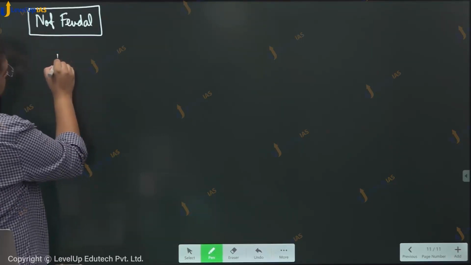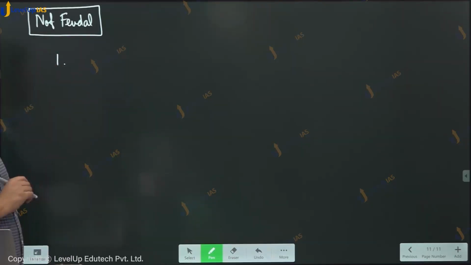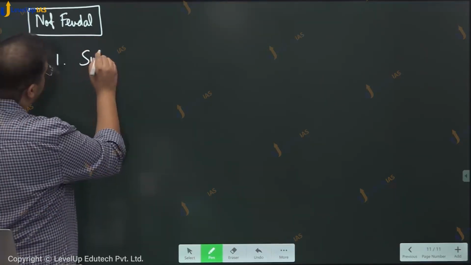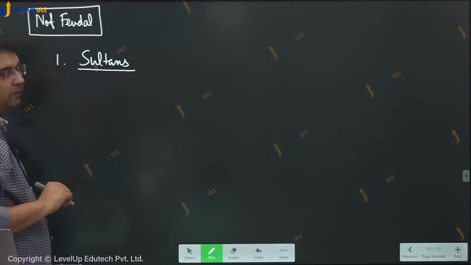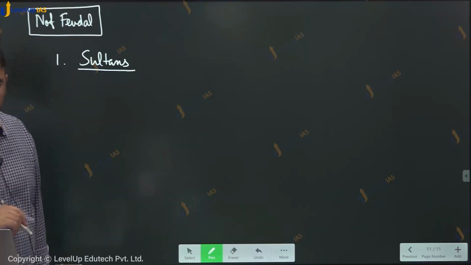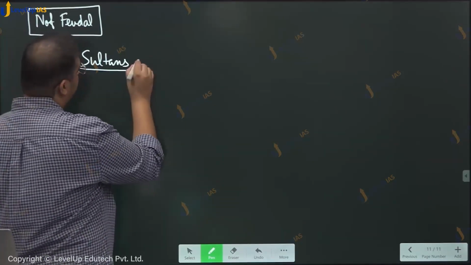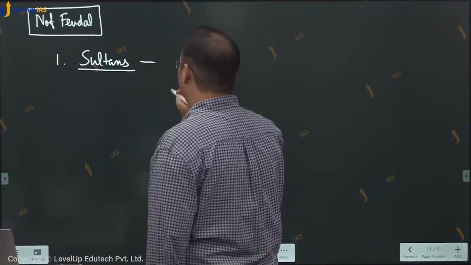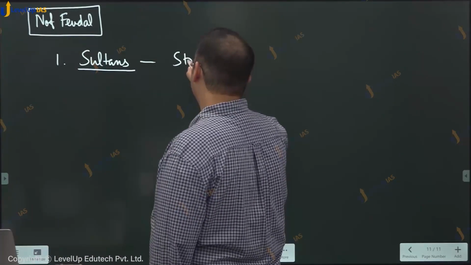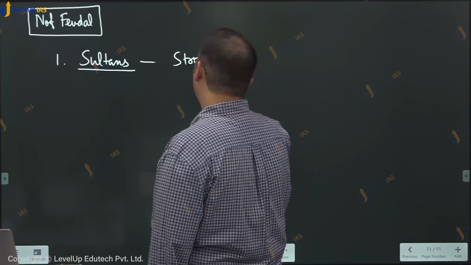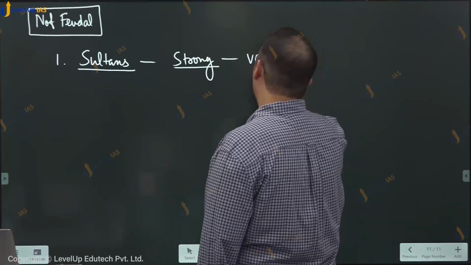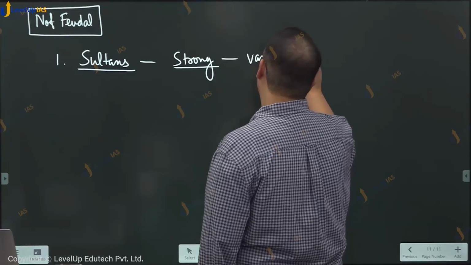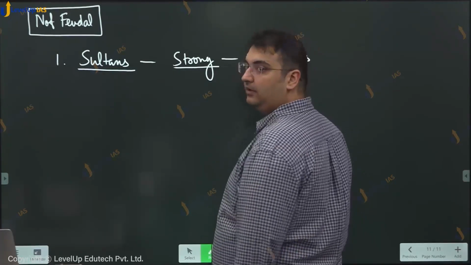First of all, unlike the feudal system, the sultans were not weak at all. Rather, they were quite strong, and enjoyed vast powers in their own right.